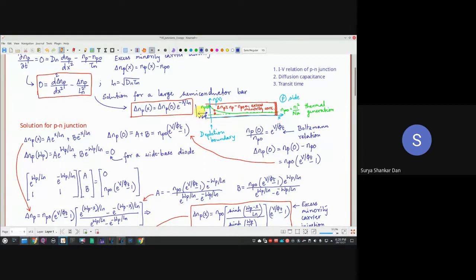The carrier somehow came over here, the minority. That's why it becomes a minority carrier. Once the electrons have reached here, what is the situation? There are more minority carriers here, fewer minority carriers on the p side. If there are more electrons here and fewer electrons on the p side, remember the right hand side is the p, what will happen?